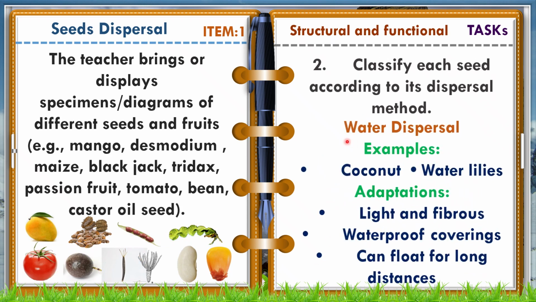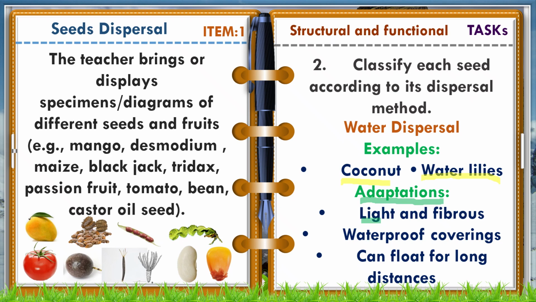Let's now look at water dispersal. Which examples are dispersed by water? We have, for example, coconut, water lilies. These seeds are dispersed by water, and they have adaptations that help them to be dispersed by water.